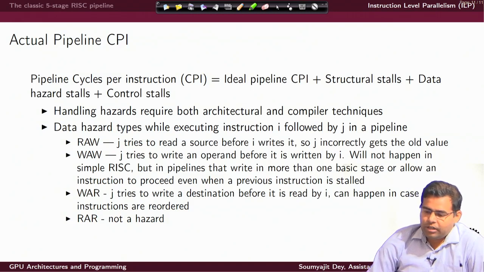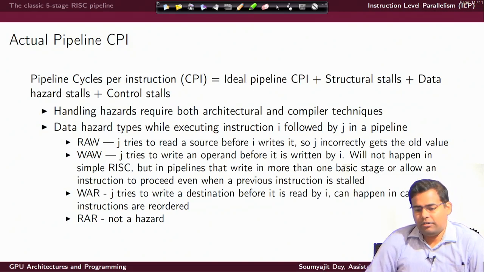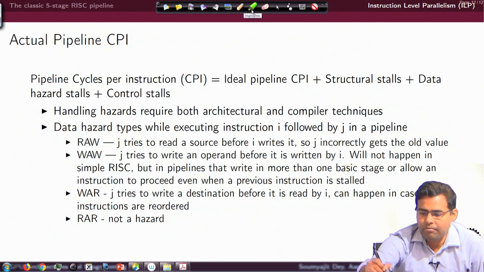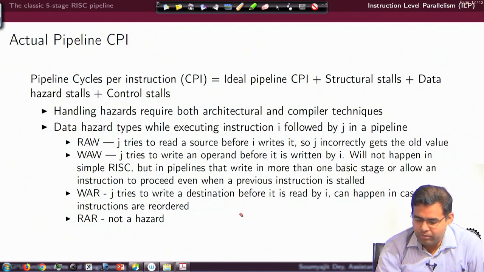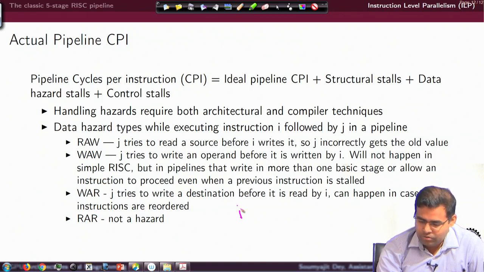So, starting with the classification of different kinds of hazards. Consider the different scenarios for which we have some data hazards. Let us start with a scenario where an instruction I is executing, followed by the execution of an instruction j.